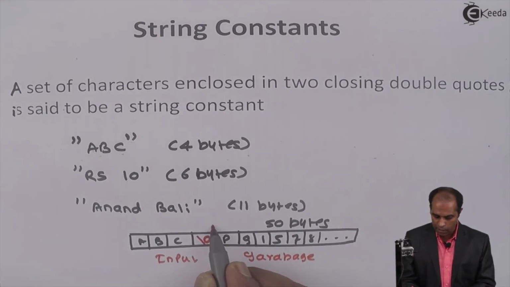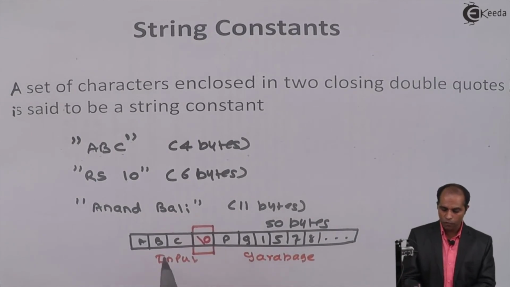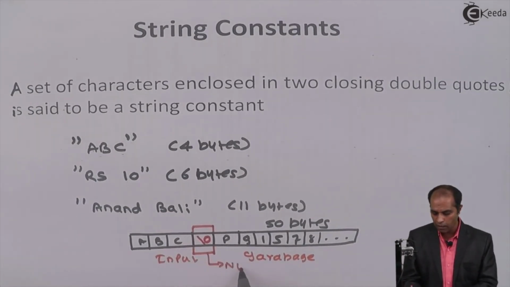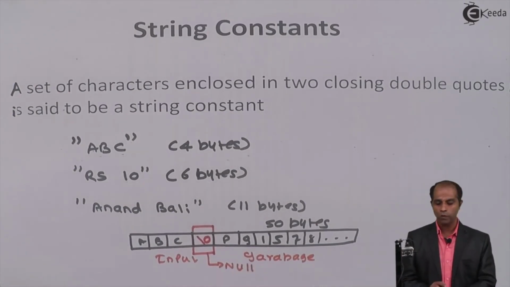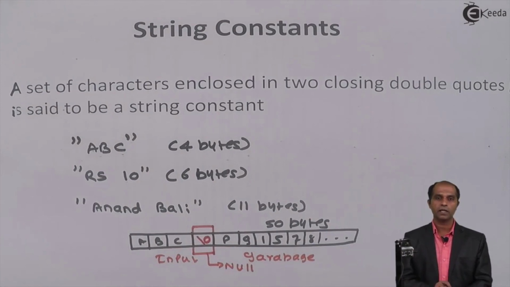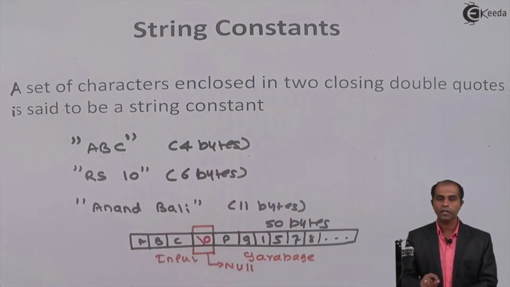So /0 is used as an identification between input and garbage value. We call this the null character, which is sometimes identified as the string termination character. So when I say ABC, that additional byte was for the null character.